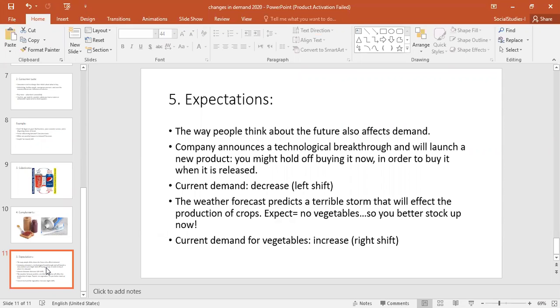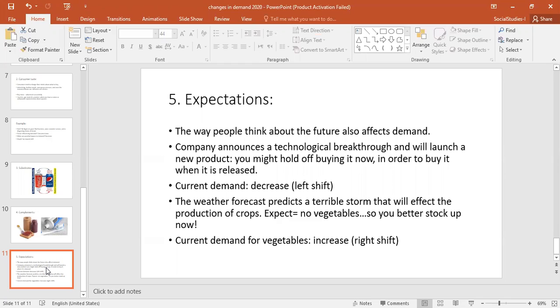Another example: Apple has a technological breakthrough every year, and a new iPhone comes out. Maybe you hear that Dell is having an amazing laptop coming out in a few months. Your expectation of waiting for that product will have an effect on your current demand.